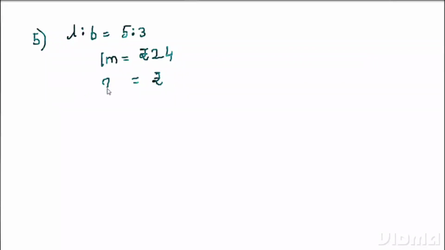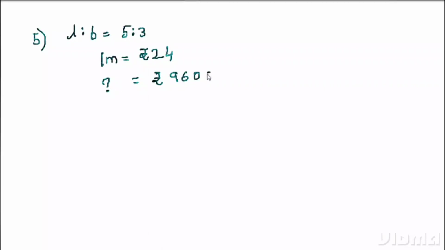The fifth question says that the length and breadth of a rectangle, again they have given me in the ratio. So L is to B ratio is given as 5 is to 3, and they are saying that the total cost of fencing, the cost of 1 meter is ₹24, and they have given me the total cost, meaning they have not given how much perimeter I have to fence. They have given me that the total cost is 9600.